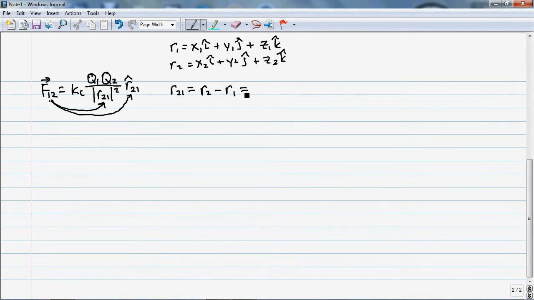Then for our difference, remember the 2 would be what you would consider the tail, and 1 would be considered the tip. If I'm going to subtract these two, the definition would be x1 minus x2 i hat.